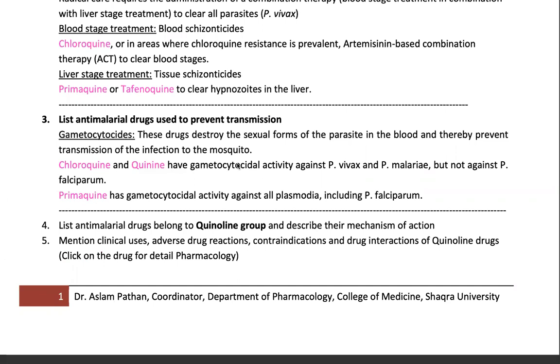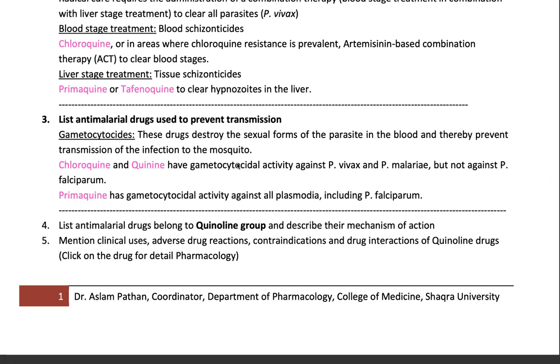If you know the life cycle of malaria and the mosquito, you are able to understand gametocytosis. Which are the drugs? Chloroquine and quinine have gametocytocidal activity against Plasmodium vivax and Plasmodium malariae, but not against Plasmodium falciparum, which is a big challenge. So which is the best drug for Plasmodium falciparum?